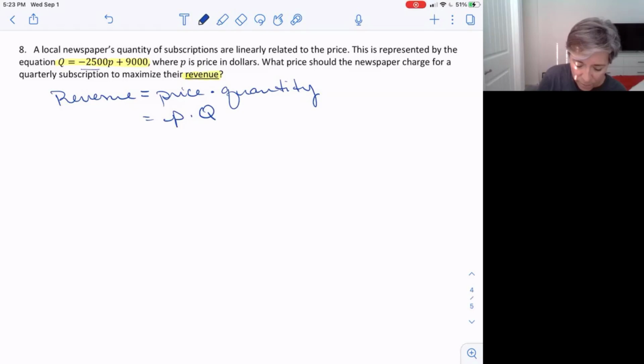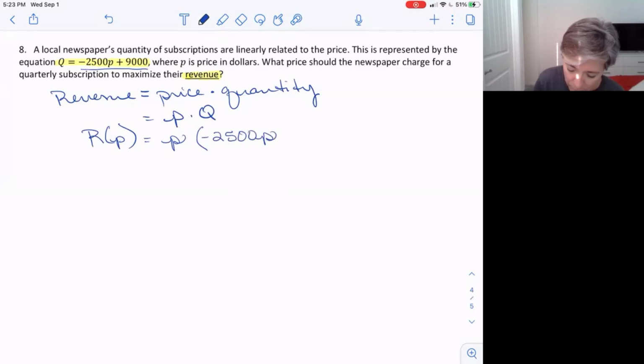Well, we have the quantity in terms of the price. So to find that revenue function with respect to price, we're going to multiply price times the quantity function, negative 2,500p plus 9,000.